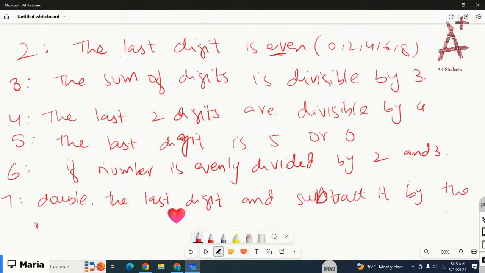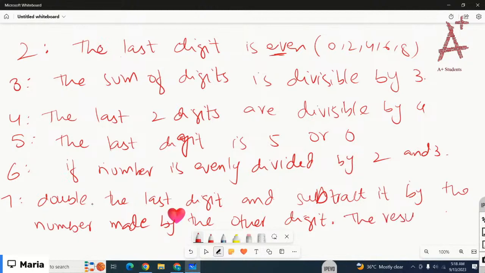The result must be divisible by 7. Okay, let's do an example.